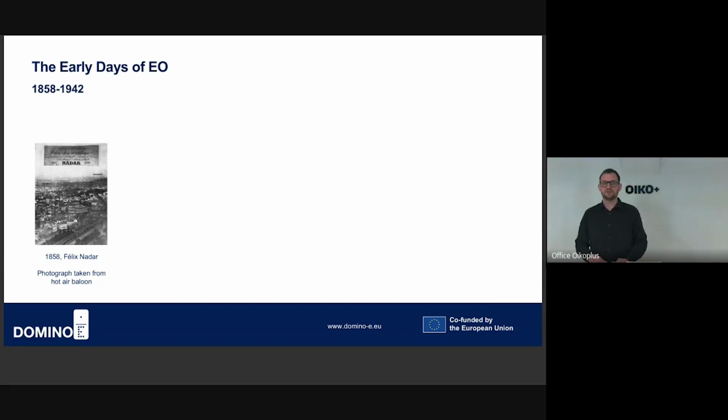A good example, or the first example, is the French photographer Félix Nadar, who became the first person to take a photograph from the air, and he was using back then a hot air balloon above the outskirts of Paris to create this somewhat grainy picture, but it was for the first time in history that people could see Earth from above, not from maps or sketches, but directly in a visual image.